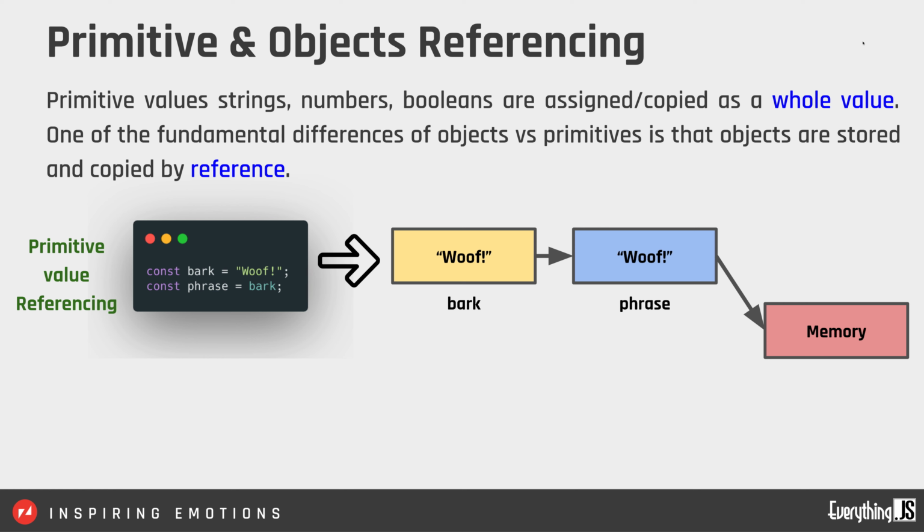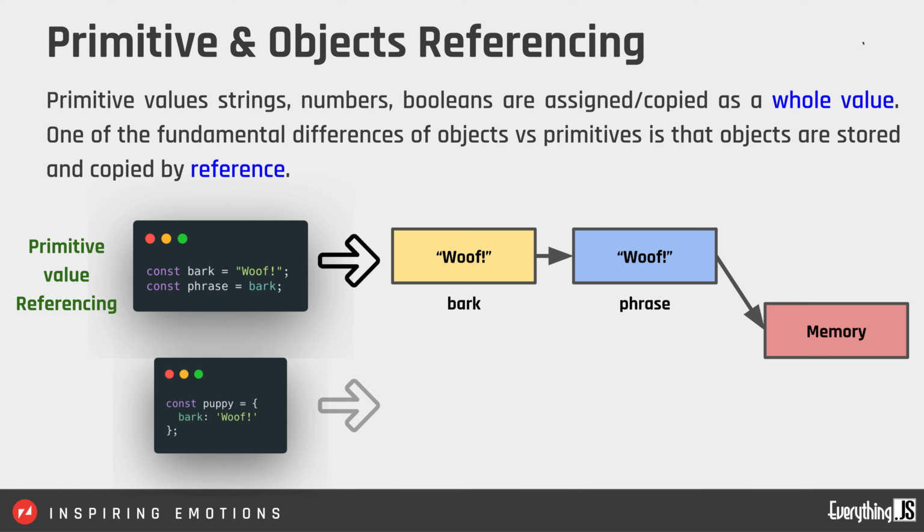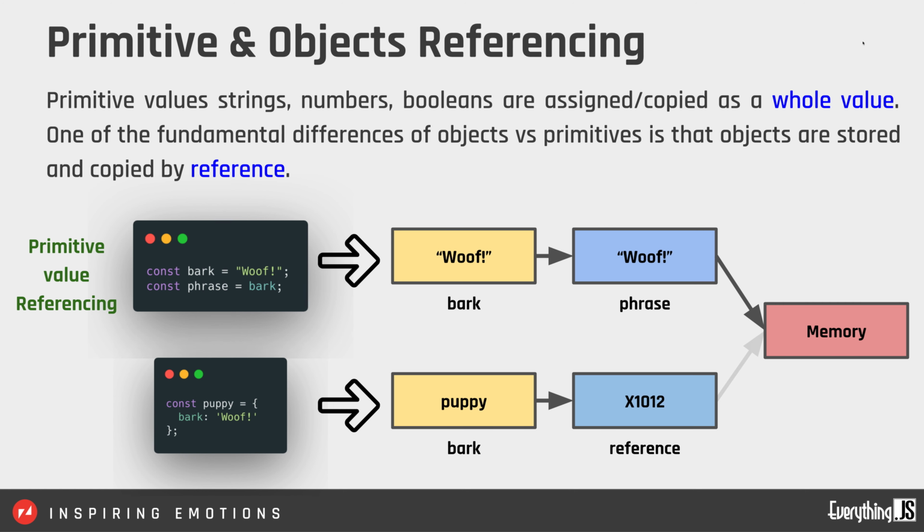So those are two different references, but the value is the same. Another thing is object referencing. In object referencing, we have a property called bark inside the puppy object, and we take the reference and store it in the memory heap.